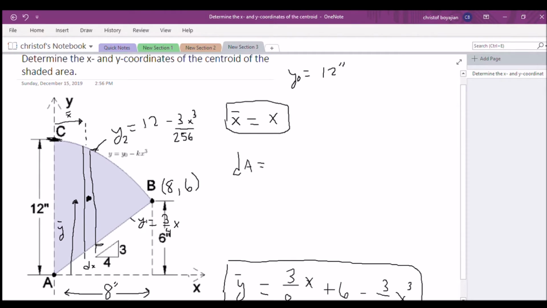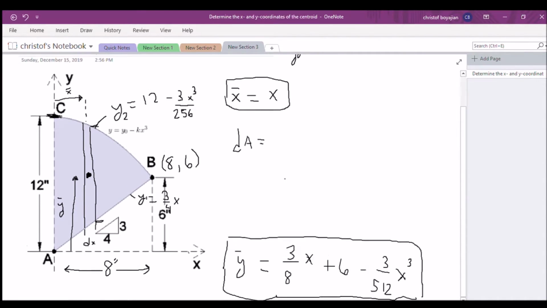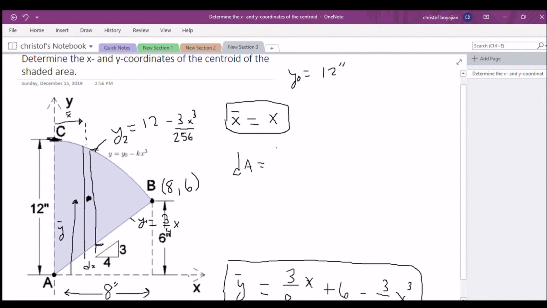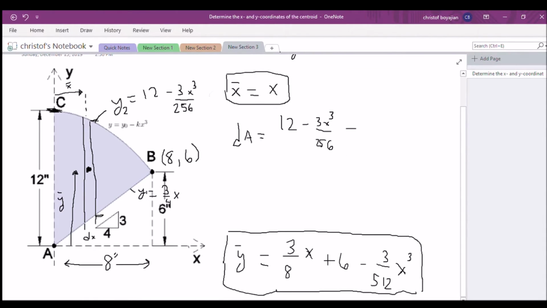We said it's y2 minus y1. So y2 minus y1, which is 12 minus 3x cubed over 256 minus y1, which is 3/4 x. So that's our distance times our thickness dx.